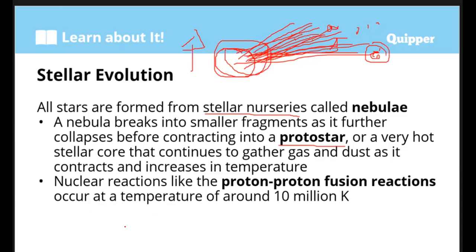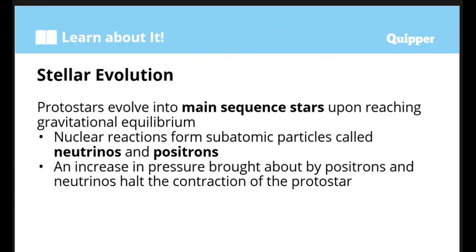Then nuclear reactions like the proton-proton fusion reactions occur at a temperature of around 10 million Kelvin. The protostars evolve into main sequence stars upon reaching gravitational equilibrium. Nuclear reactions form subatomic particles called neutrinos and positrons.